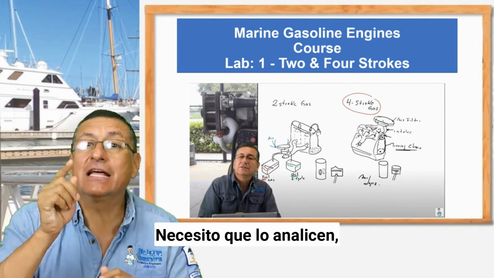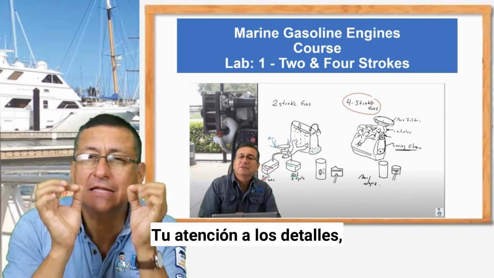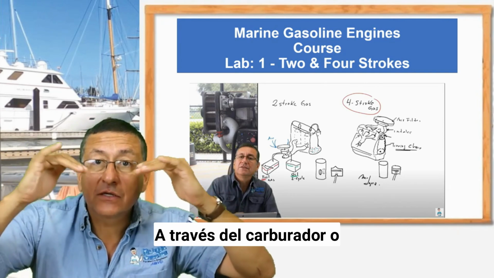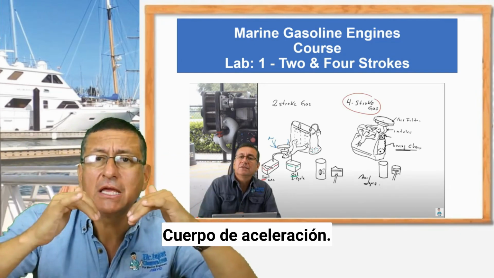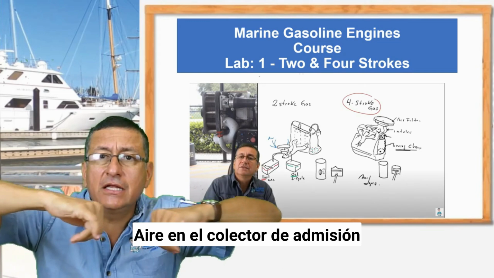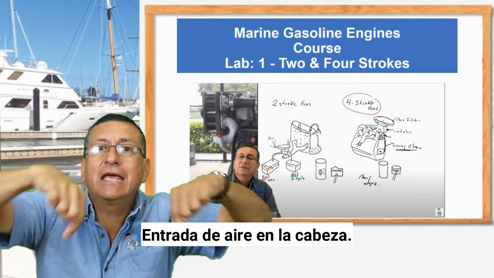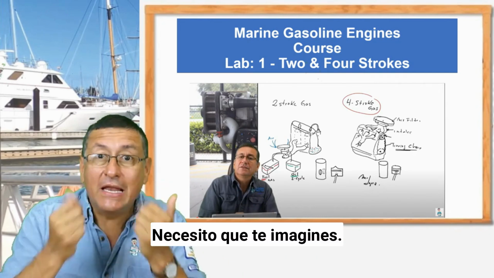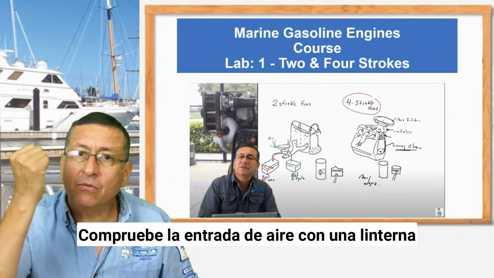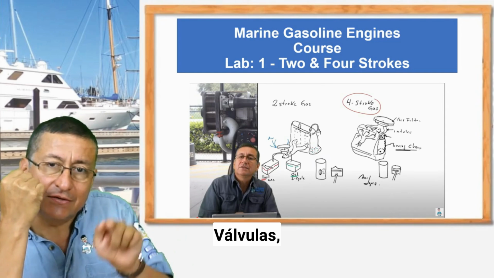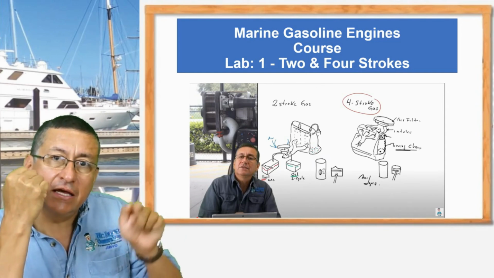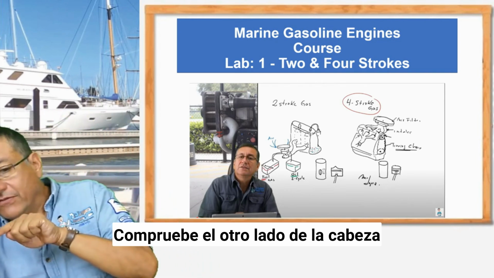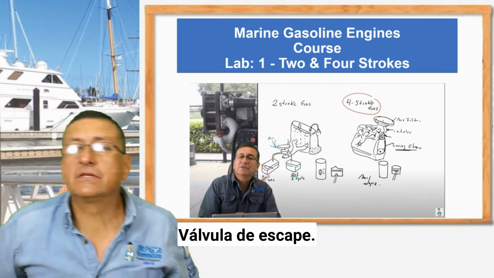I need you to analyze, paying attention to details, how the air enters through the carburetor or throttle body, and how the air in the intake manifold enters the intake ports of the heads. I need you to visualize that. And check with a flashlight the intake valves, the stem of the intake valves. And check on the other side of the head, the exhaust valves.